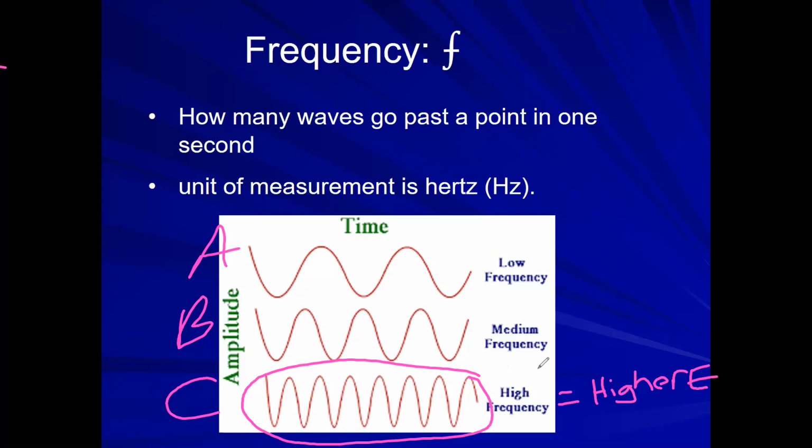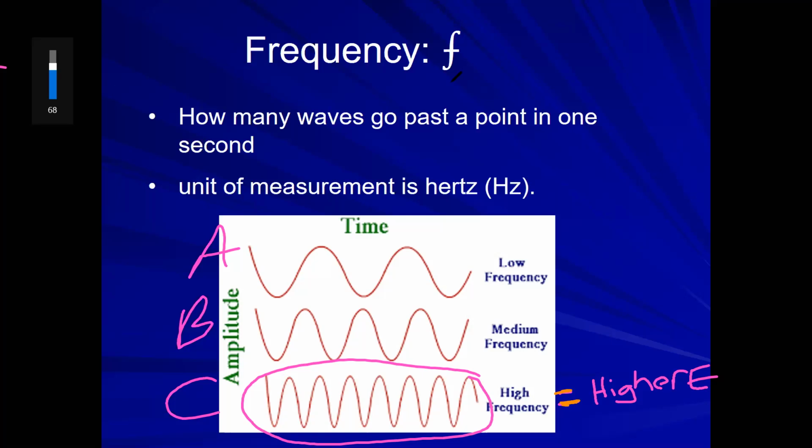Okay, higher energy. What does that mean in terms of wavelength? So high energy equals high frequency. What does that mean for wavelength? Low or high, or short or long? Yes. So we know that if you have a high frequency, that means you also have a high energy. What does that mean in terms of your wavelength? Lydia said yes.